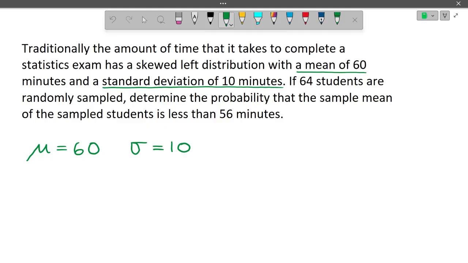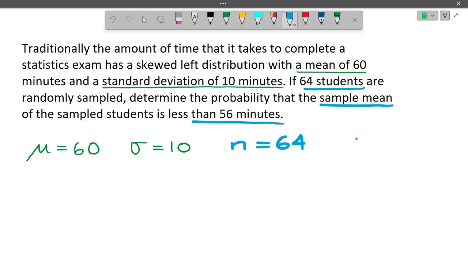The second sentence gives us the fact that there are 64 students, and so that gives us the number in our sample. And also, it mentions that they want to know the probability of the sample mean is less than 56 minutes.